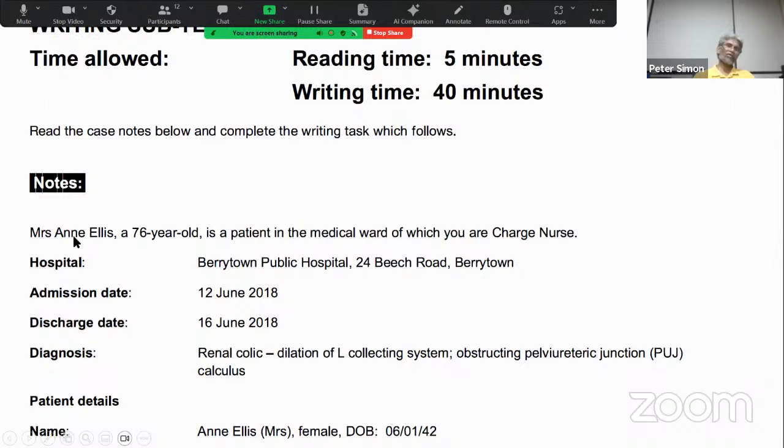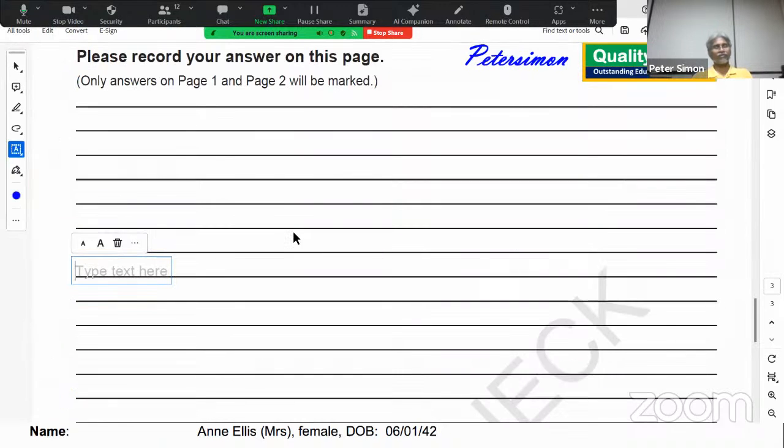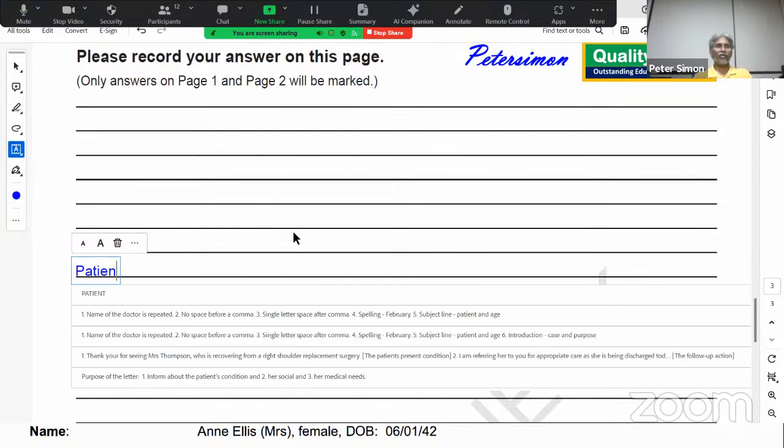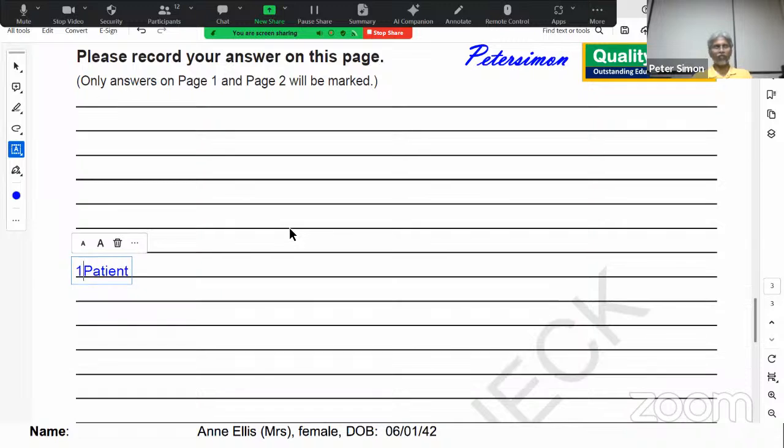Now, when you're starting the introduction, first start with the name of the patient. So, Mrs. Ellis. Who is the patient? All these points should come here. Patient's name, that is number one. You have to write the name of the patient.